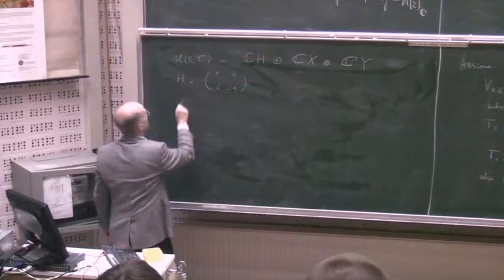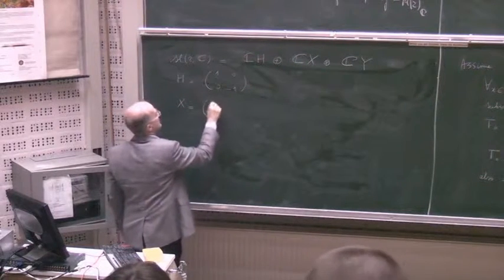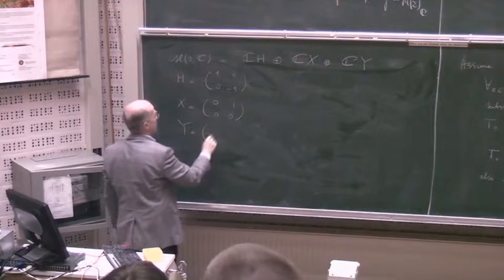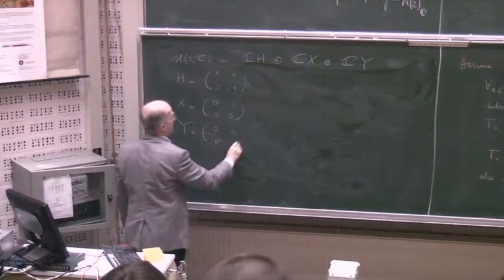So we could choose X is 0, 1, 0, 0, and we could choose Y is 0, 0, 1, 0.